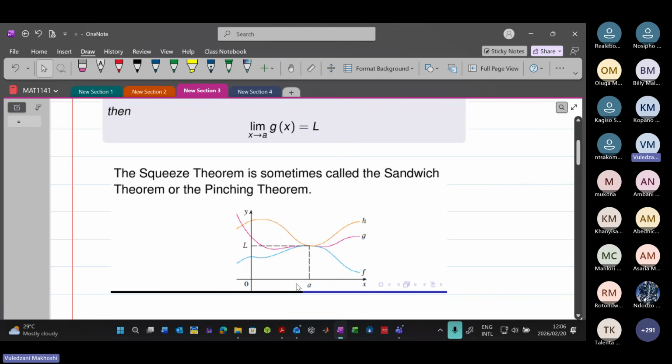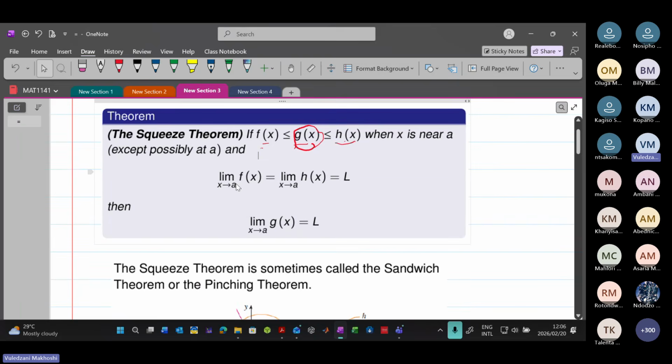So we can evaluate the limit of g of x as x approaches a by just comparing the limit of h of x as x approaches a with the limit of f of x when x is approaching a. If they are equal, then we conclude that even the limit of g of x will be the same as what we got from these two. That's what we are saying up there.